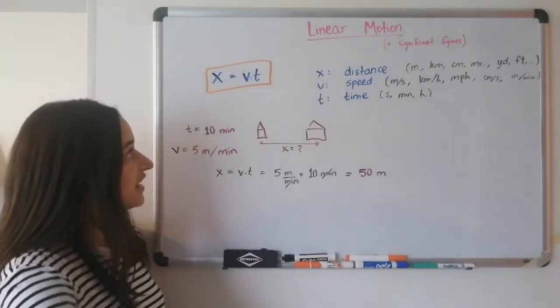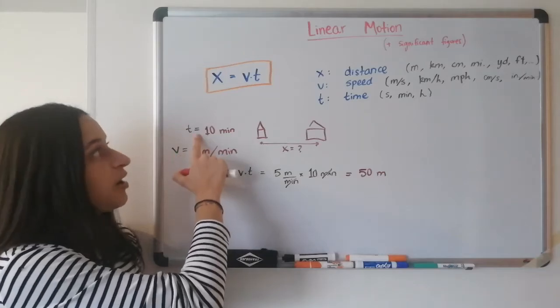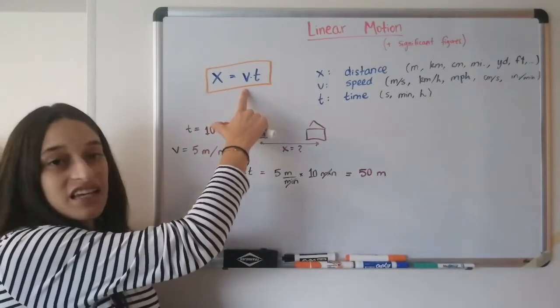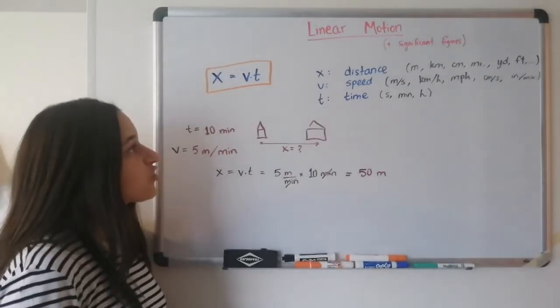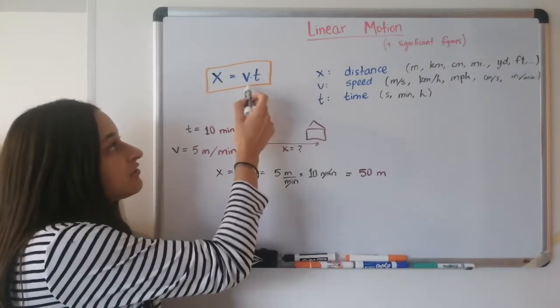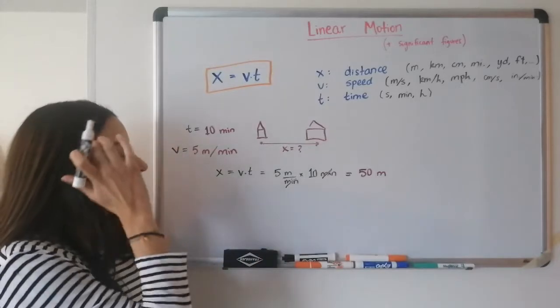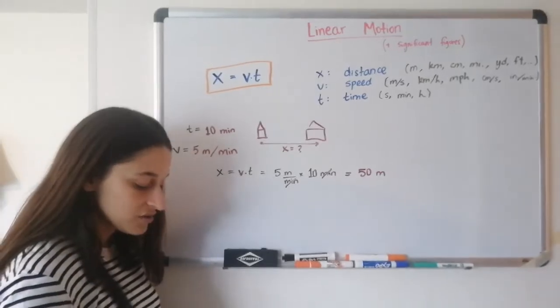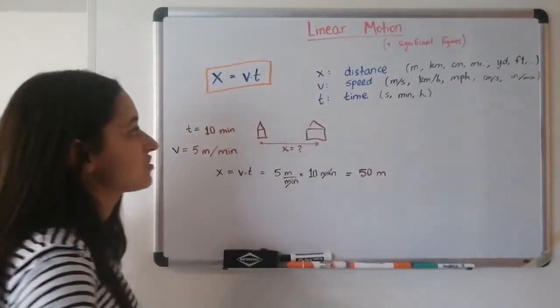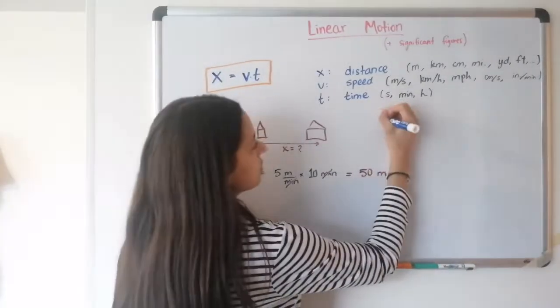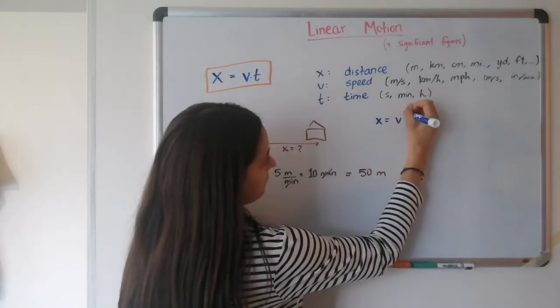Now, what if instead of getting v and t in the problem, we get maybe x and v, and we're asked for t? One way to do this is to solve the equation for the variable that we're looking for from the beginning. So we have one equation, the way it's normally written: x equals vt.